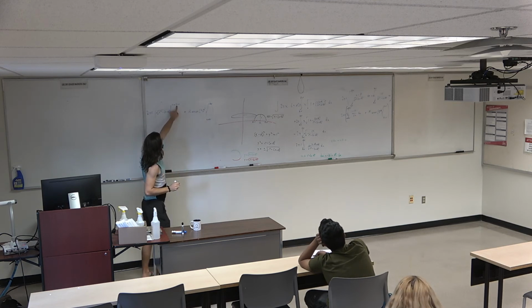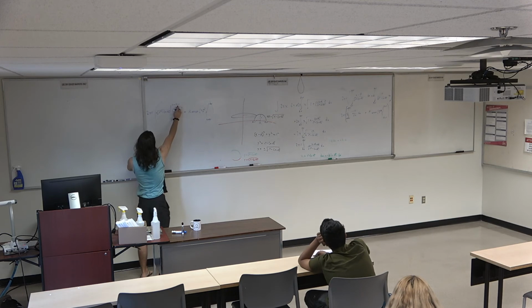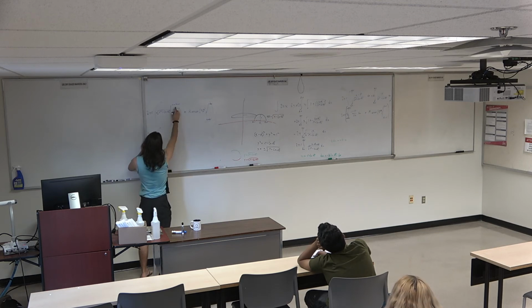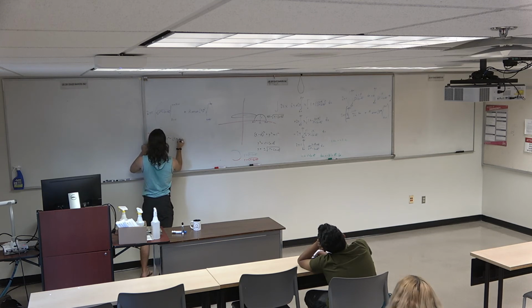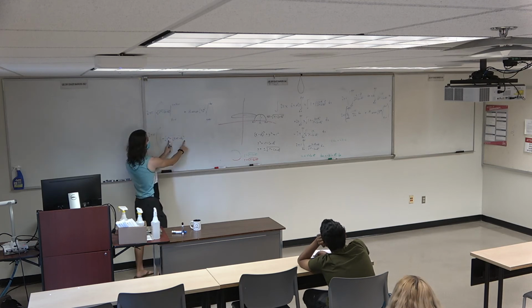And so now check it out. When we plug this stuff in, it's going to go great. Because when we plug in the top one, this is going to be r plus r minus r. So that's just going to be little r. Can everybody see how this is going to simplify down?